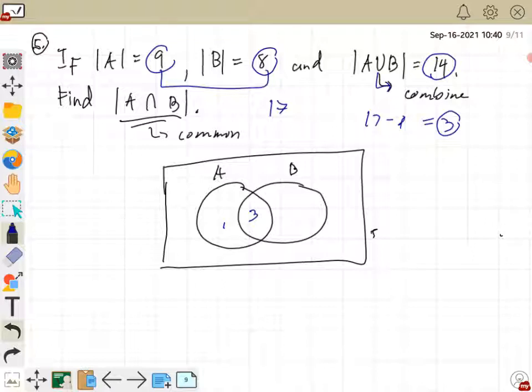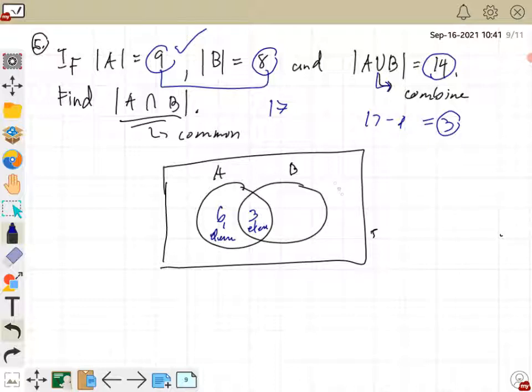So as you can see, for A we have 9, but we already have 3 for both. So this means the A only is 6 elements. I write it as elements; 3 is not an element, it is the number of elements.